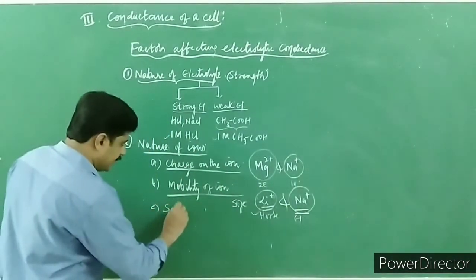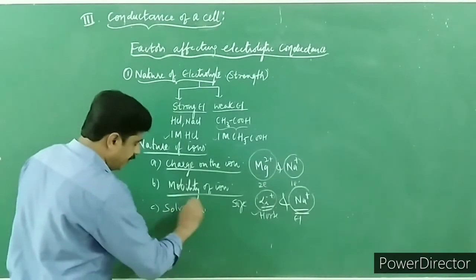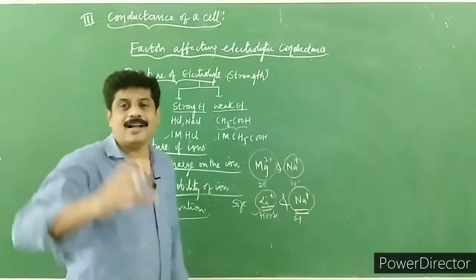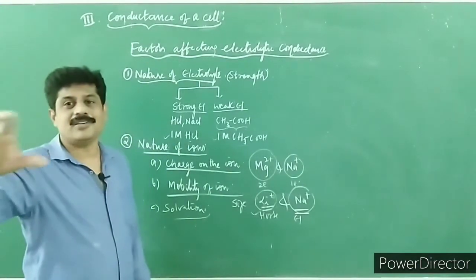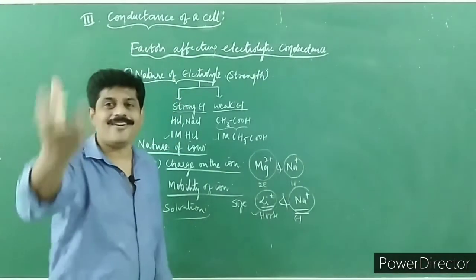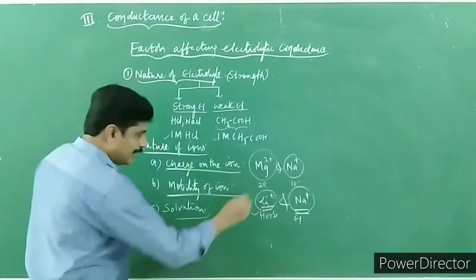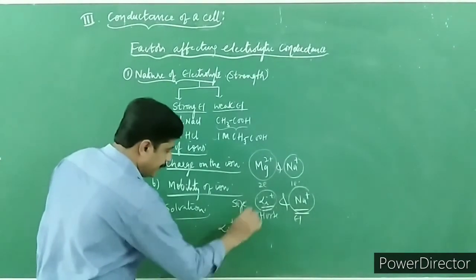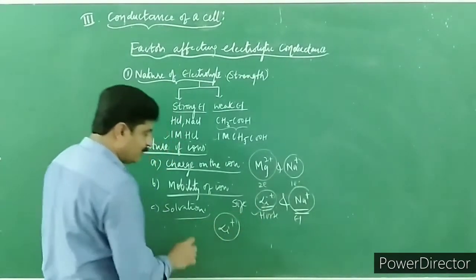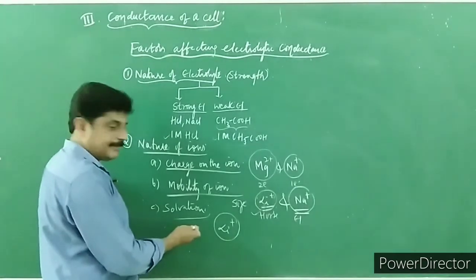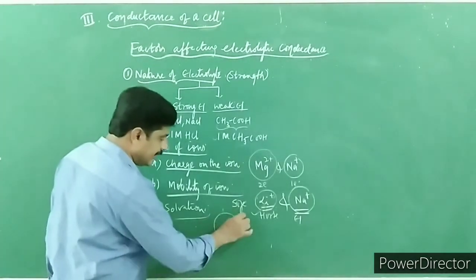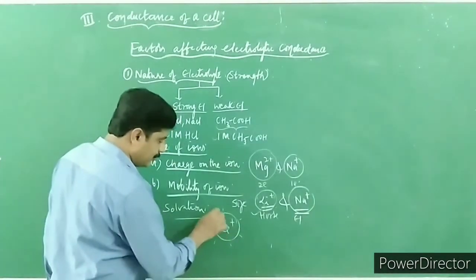Third one, solvation. Children, solvation is nothing but the association and attraction of water molecules around the ion. Remember, lithium plus undergoes much association with the water and hence exhibits solvation to a greater degree. Look here, all these are water molecules.